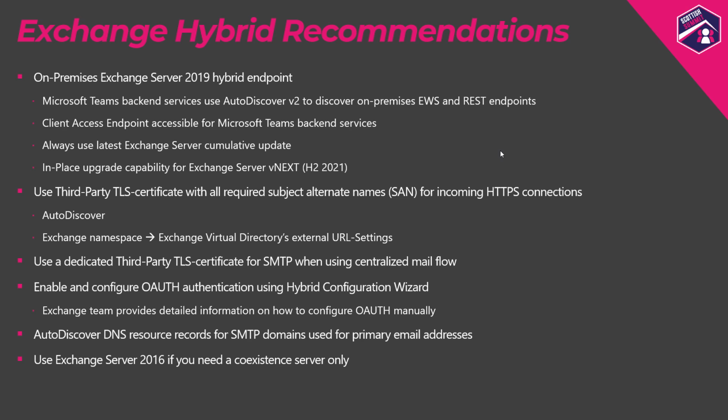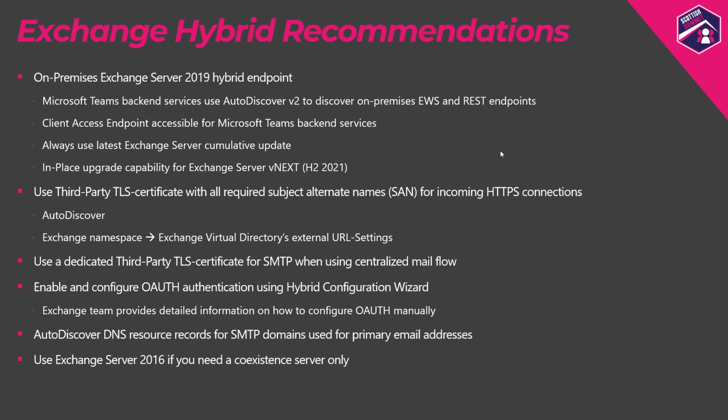If you do not want to host any additional user mailboxes in your on-prem environment, but you just need to keep an Exchange Server on-prem for managing your Active Directory Exchange attributes, then I recommend that you stay with Exchange Server 2016, which is still supported, even though that is in extended support.